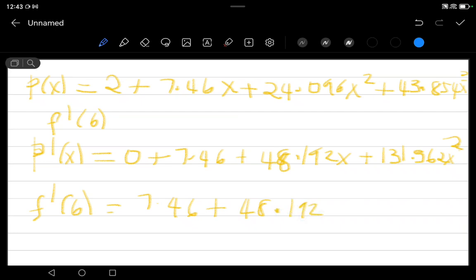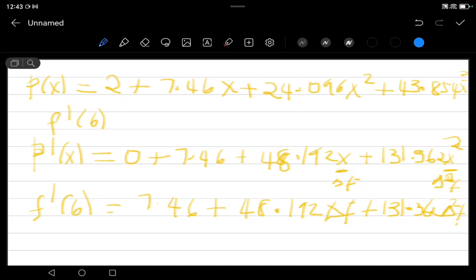Remember, we said we're going to let change in x equal change in f, and then let change squared f equal x squared. So here we put back our change in f: change in f plus 131.36 change squared f.